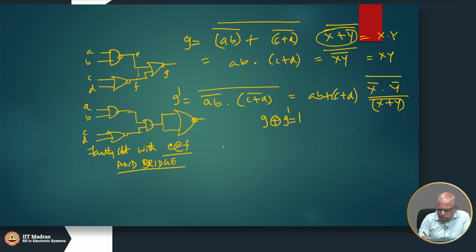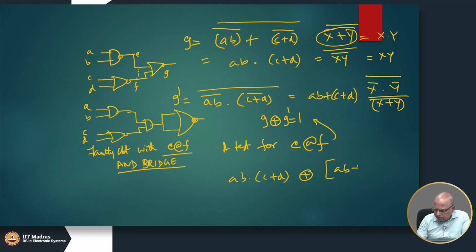So now a test for E bridge with F will cause this property. That means AB dot C plus D XORed with AB plus C plus D should be equal to 1.